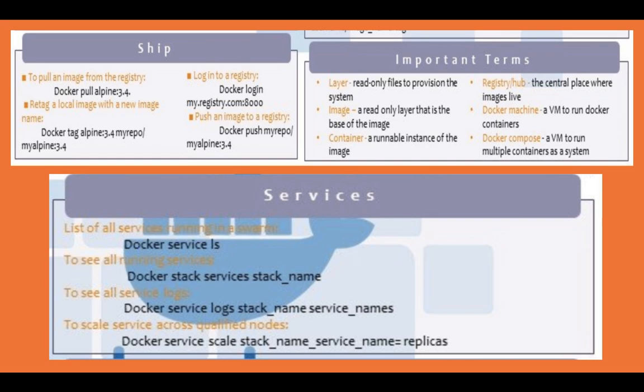This will list all the services running in the system. docker stack services, your stack name, will give you all the running services. docker service logs, stack name, service name will give you the logs of your running stack service. docker service scale, stack name, stack service name equal to replicas is for scaling the number of nodes which are running inside your Docker orchestration tool.